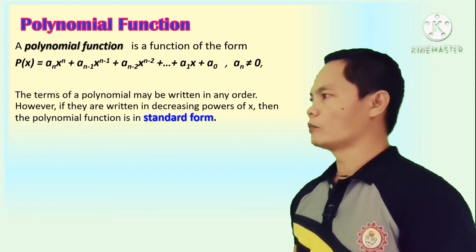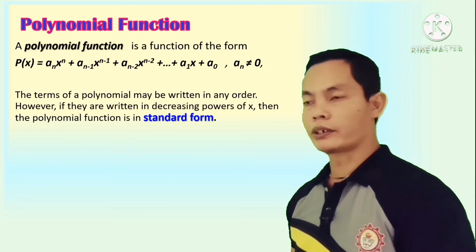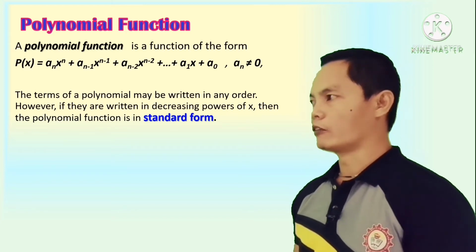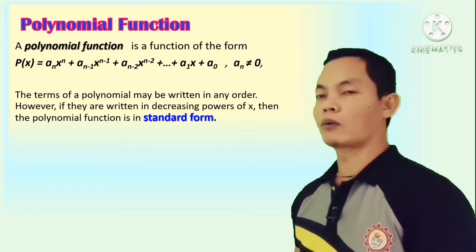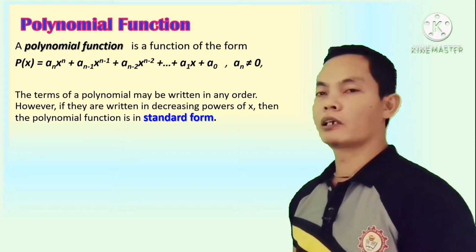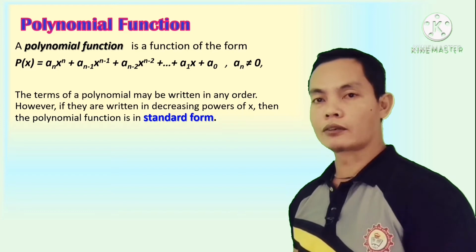The terms of a polynomial may be written in any order. However, if they are written in decreasing powers of x, then the polynomial function is in standard form.